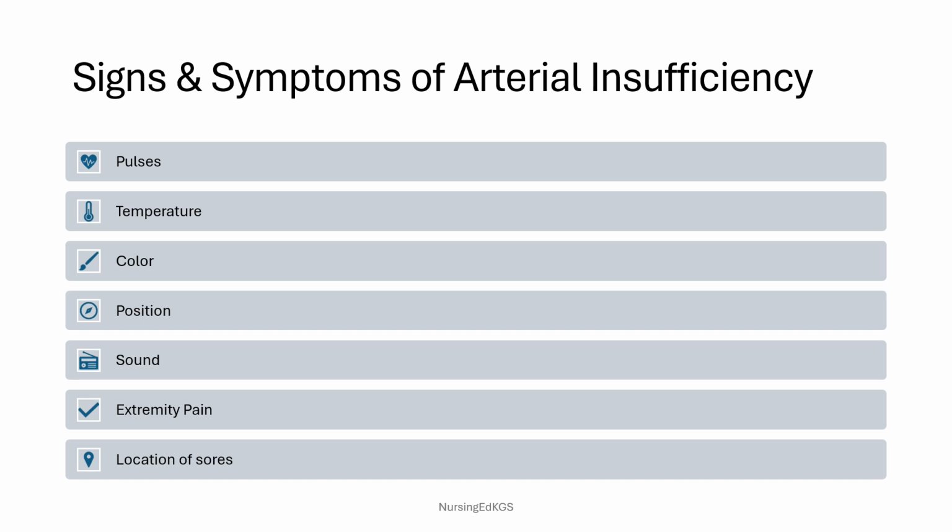When we're looking at assessing for signs and symptoms of arterial insufficiency, some of the points that you want to think about are the pulse, the temperature of the skin, the color of the skin. Are there signs and symptoms that are based on the position of that extremity? If you auscultate, what do you hear? The extremity pain, how do they describe it? And also the location of ulcers or sores.